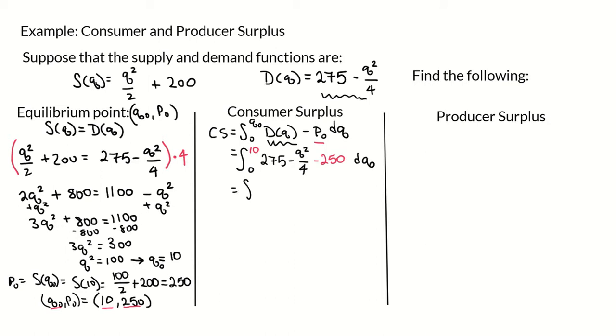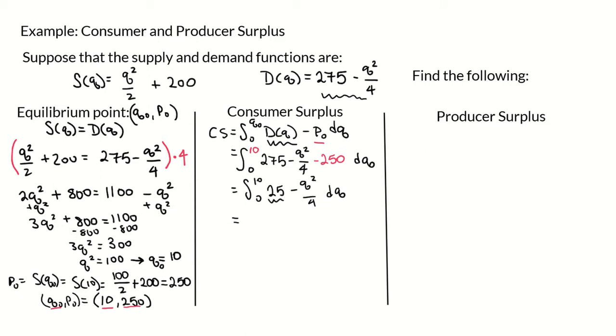And simplifying this, the integral from 0 to 10 of 275 minus 250 is 25 minus Q squared over 4 dq. And then we'll integrate.